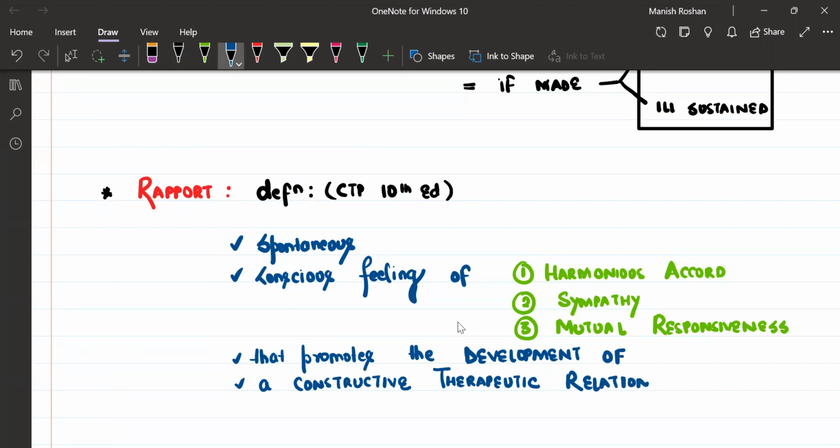Each and every word in this definition is important, and you have to remember it like this only.